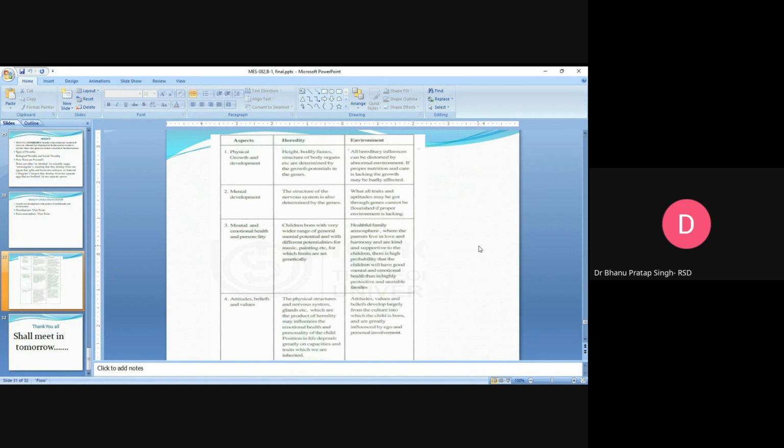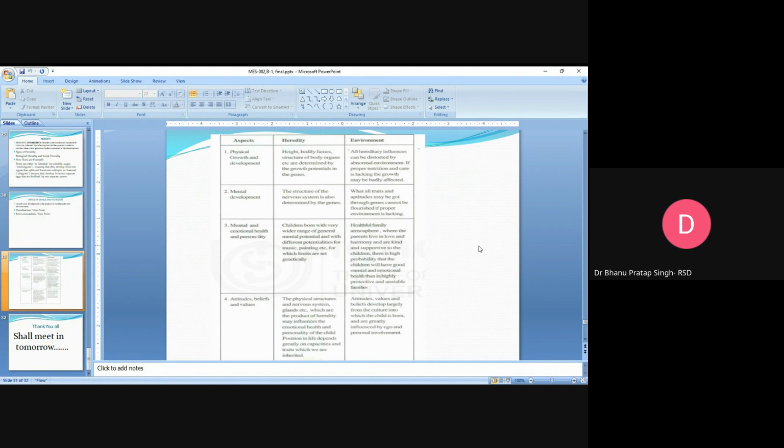As far as environment is concerned, all the traits and aptitudes that may be obtained through genes cannot flourish if the proper environment is lacking. Although the mental development is there in the genes, if the proper environment is not given to the children, that ability will not flourish.